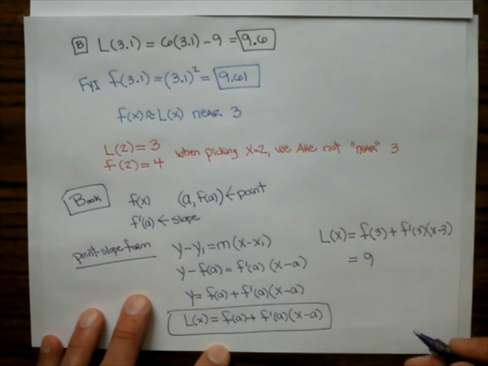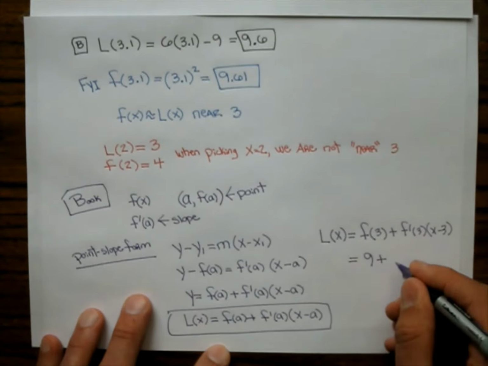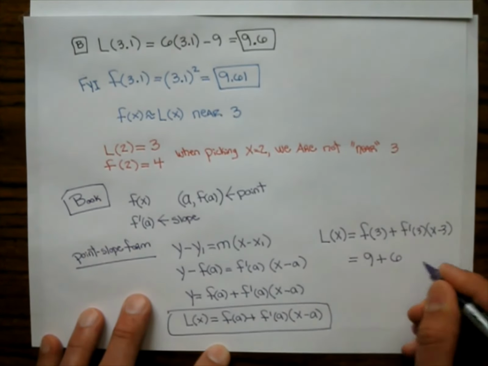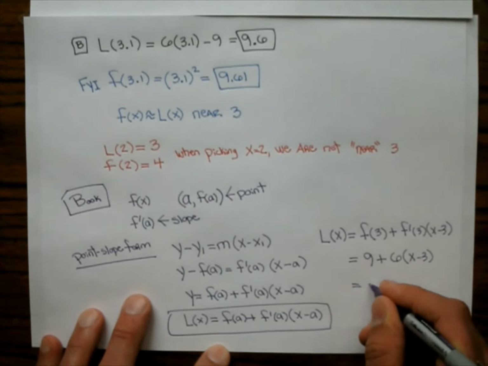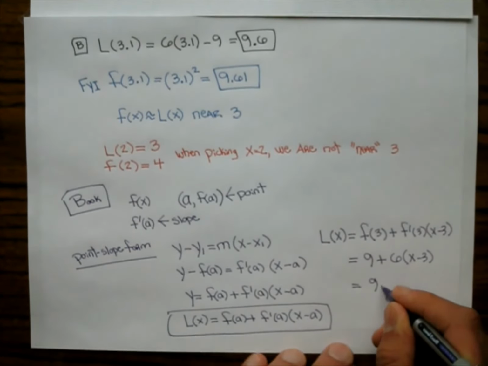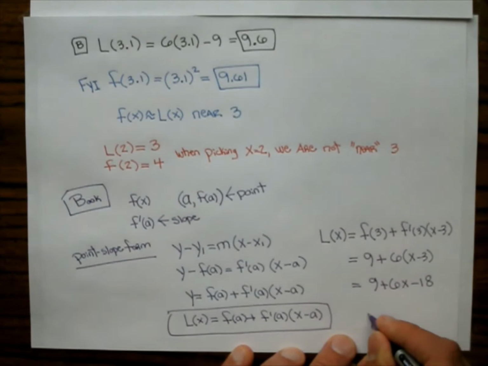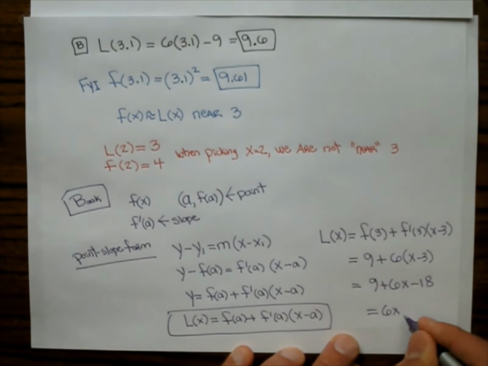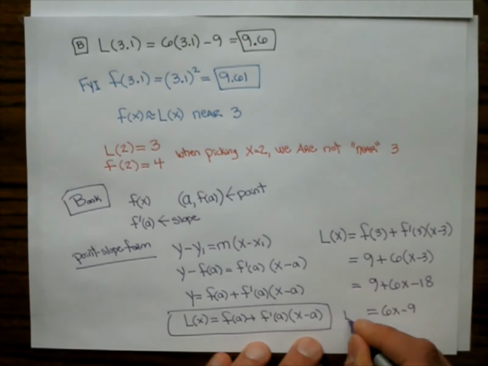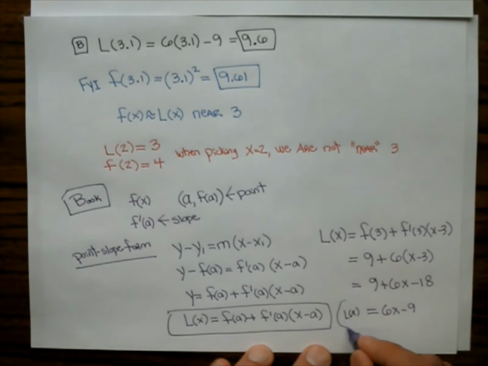So I'm looking at example 1, plus f prime of 3, and I believe we computed that to be 6, and then we have x minus 3. And so this is 9 plus 6x minus 18, and so this gives me 6x minus 9 is the linearization.